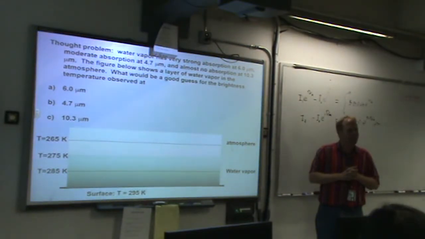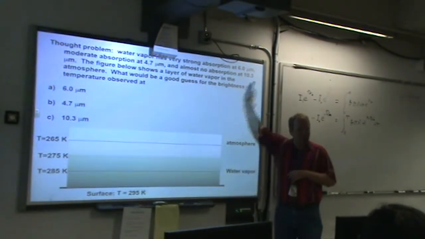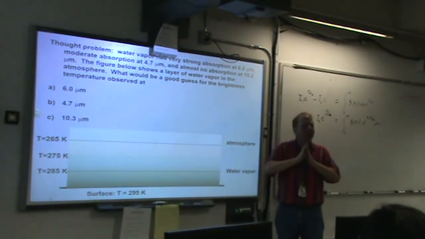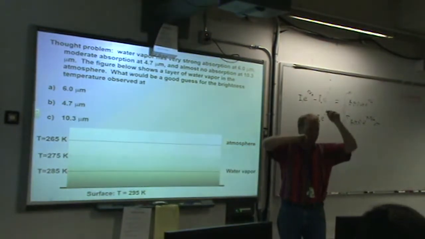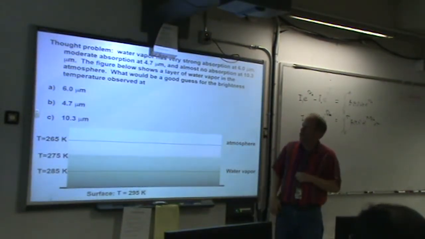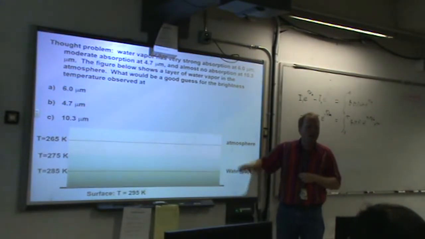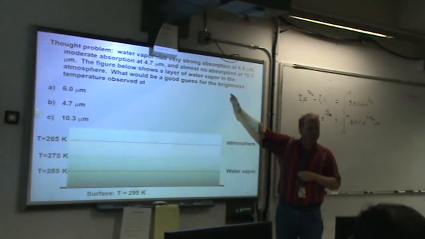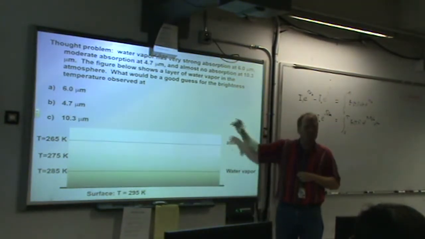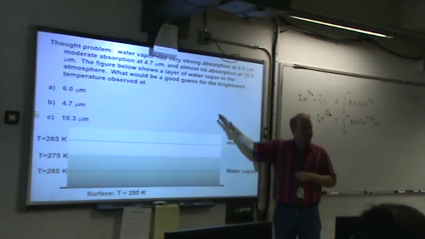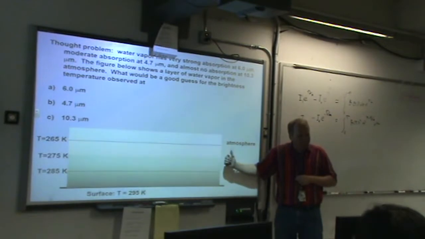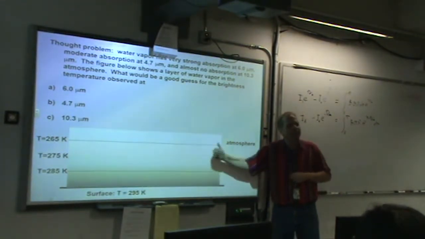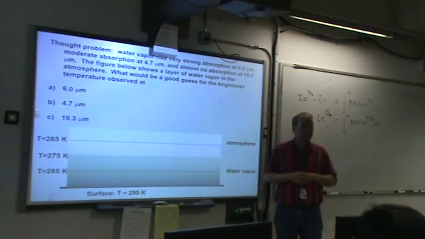Or is it the opposite? Is it the fact that at 10.3 it goes straight? At 10.3, you're only seeing surface temperature. So you're going to see lots of emission, no absorption, you're going to see the full emission. As you go to more absorption, some of that light will be absorbed as it goes through, but it will be re-emitted by the water as well, but being re-emitted at a lower temperature, so you get less radiance coming through.